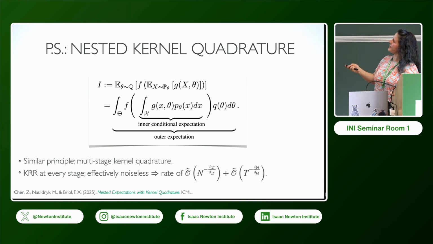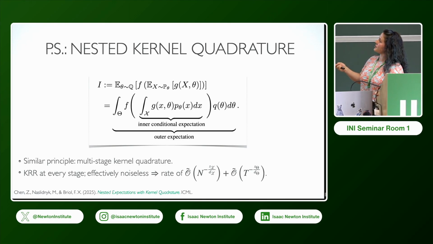When I'm approximating the outer integral, I'm using this approximation here. So there is noise, but since it reduces at a fast, non-parametric rate, the problem is effectively noiseless, and we get a nice non-parametric rate, same as in the CBQ slides, where the tilde means up to log terms.